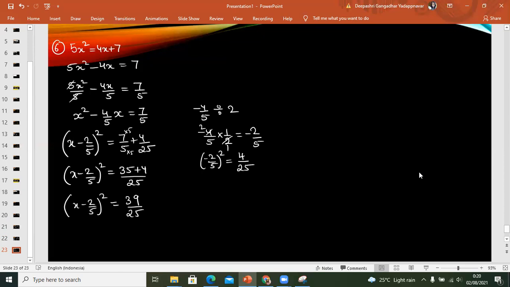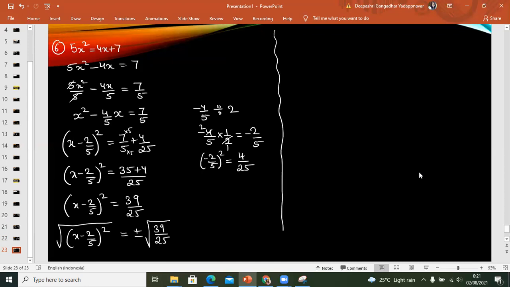Okay. Next step, what we can do here is write the square root sign on both sides. (x minus 2 divided by 5) whole square equals plus or minus square root of 39 divided by 25. Let's solve further.